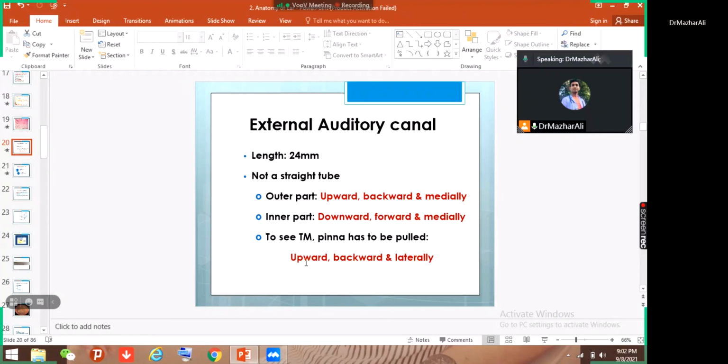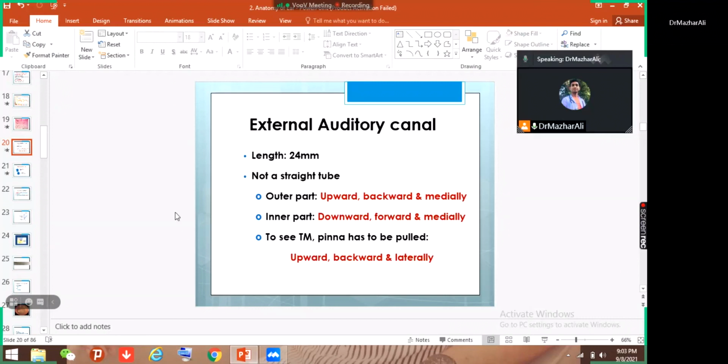You pull the pinna upward and backward. First pull it up, then backward, and then lateralize. Then you can easily appreciate the tympanic membrane. So if there is any discharge, any hole, any pathology or perforation in the eardrum, you can see it easily through this procedure.